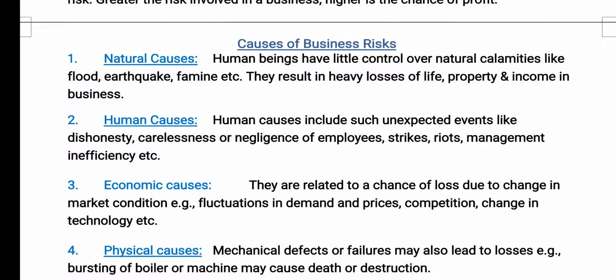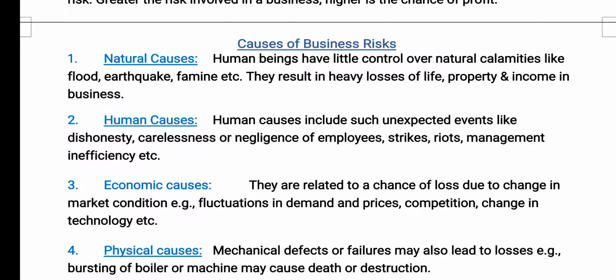Generally, there are four main causes which I have discussed in business risk: natural causes, human causes, economic causes, and physical causes. Natural causes. Human beings have little control over natural calamities like flood, earthquake, famine, etc. So they result in heavy losses of life, property, and income in business. So, in simple words, nature is an independent phenomenon and human beings have no control over it.